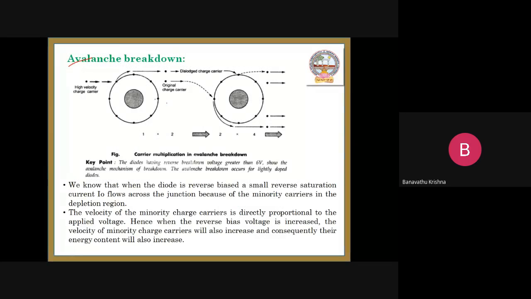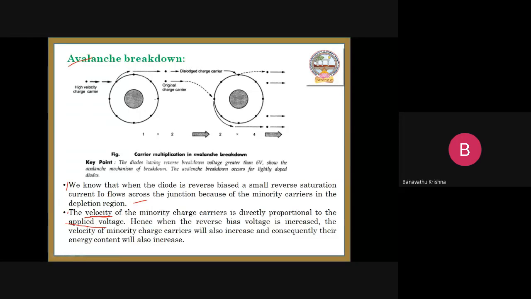Okay, first point. We know that when the diode is in reverse bias, a small reverse current I naught flows across the junction because of the minority charge carriers in the depletion region. It's correct. Next, the velocity of the minority charge carrier is directly proportional to the applied voltage.